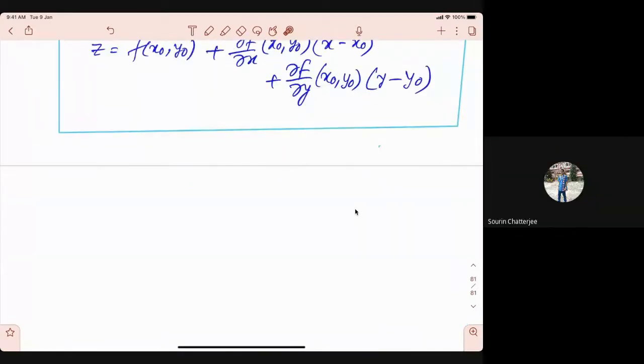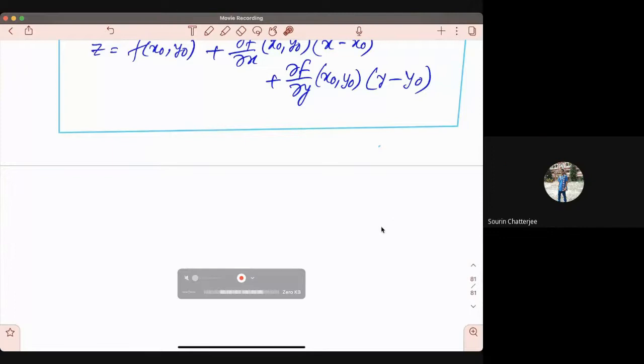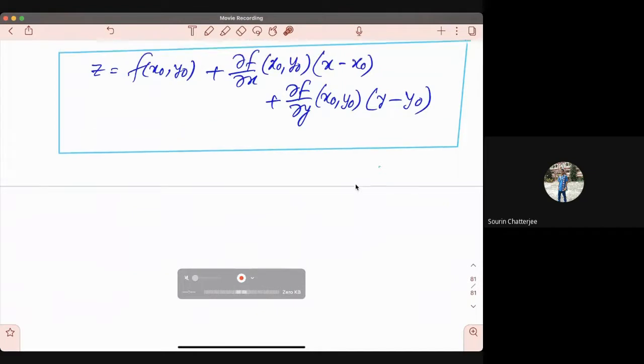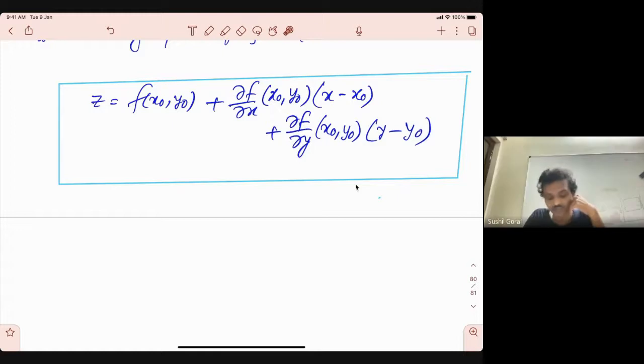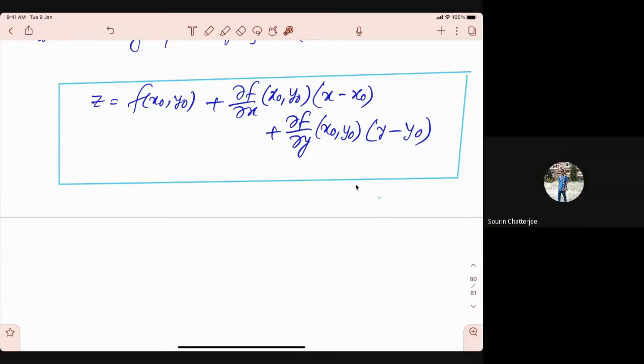Any other question here? Sir, we have looked at an example where the function is defined as xy by x square plus y square. The property was that this function is not continuous at 0 comma 0, but the function has the partial derivatives defined there. Yeah, they exist. So if we think of this in this context, the function is not continuous at 0 comma 0, but we can still get a tangent plane at 0 comma 0.